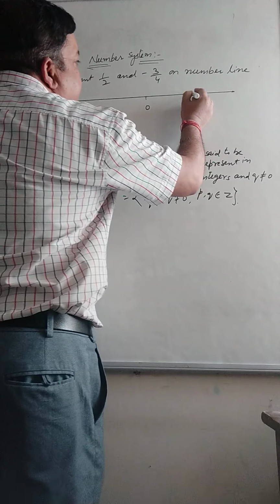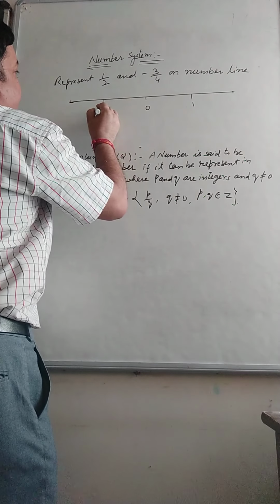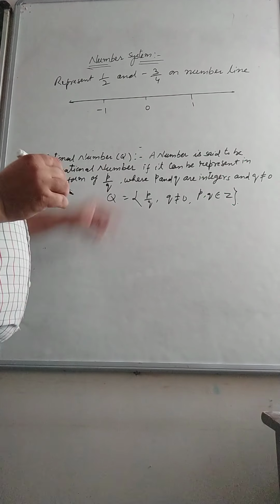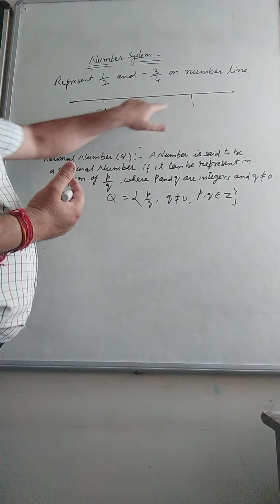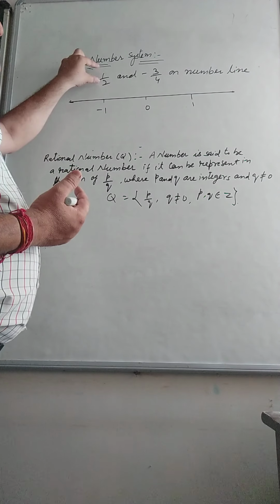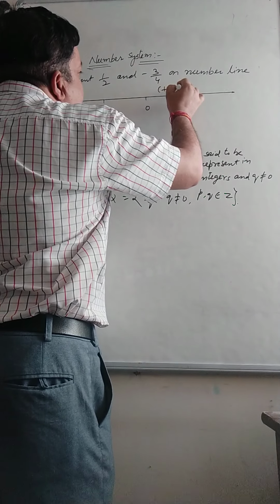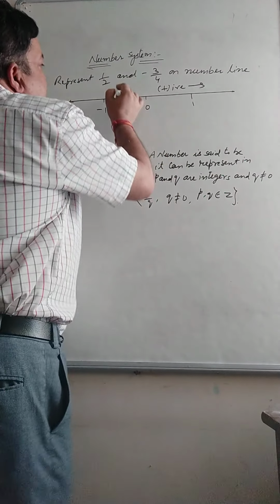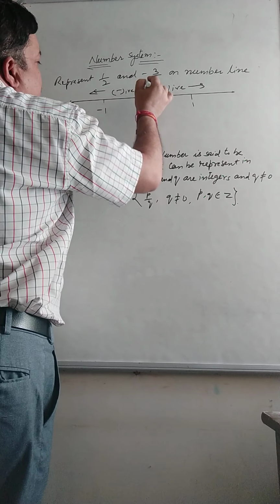Say this is our 1, and this is the unit distance, minus 1. We are taking a part of the number line, 0, 1 and 0, minus 1. 0 and 1, this is positive, so it will come in the positive direction, and this is negative, towards this 0.